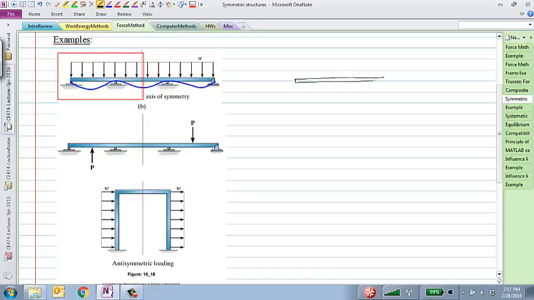So I have this member. I do have a roller here, and what should I have at this point? Say that again. Moment and shear.